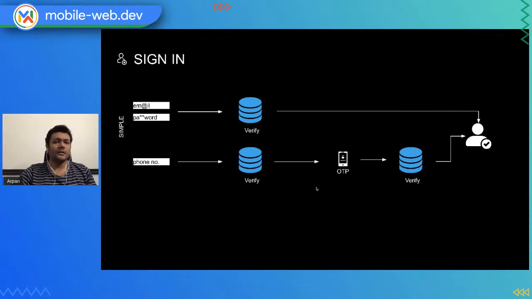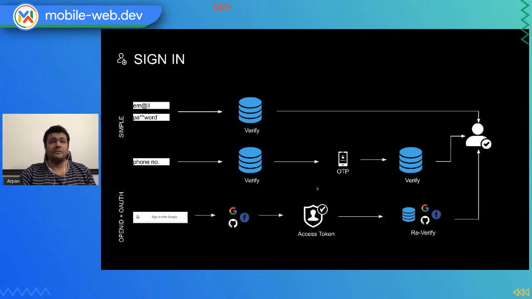Okay. Next, there is another way, which is exactly the same thing that was happening earlier with Google, right? All the same set of steps will follow. You click on sign in with Google, a pop-up opens or a new tab opens, and you sign in with the desired account, and then it'll send a token back.